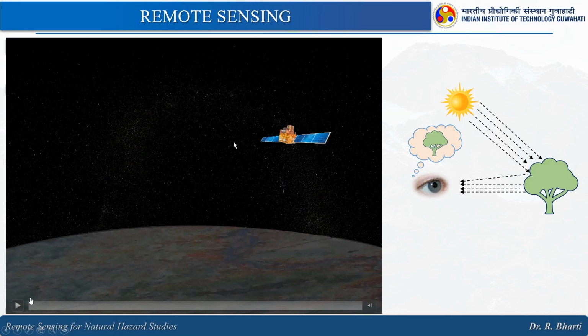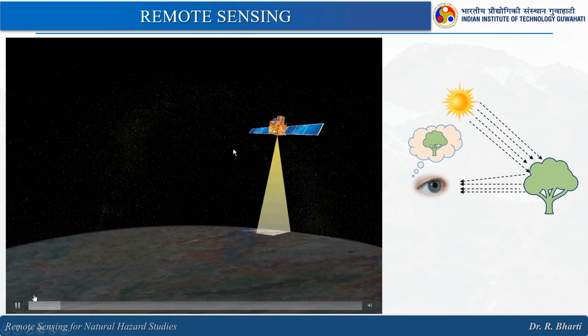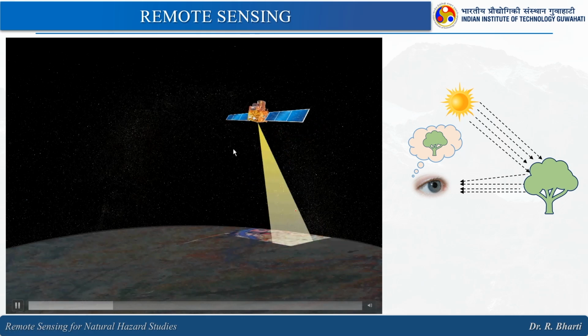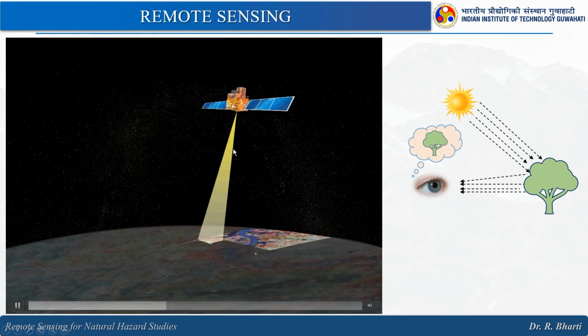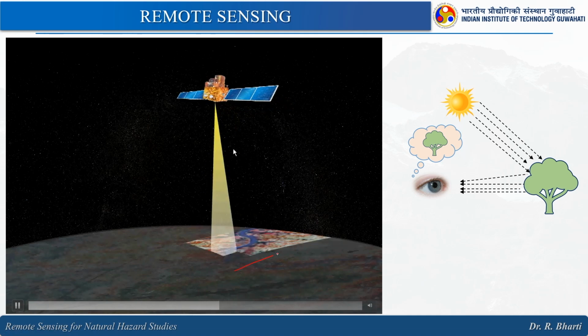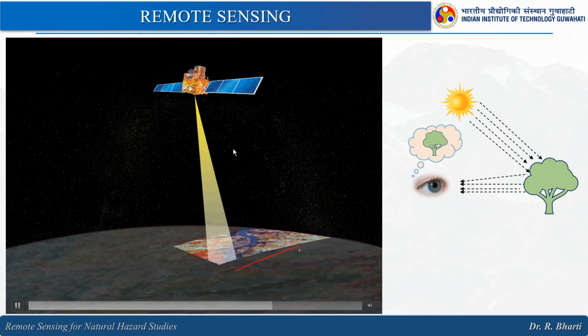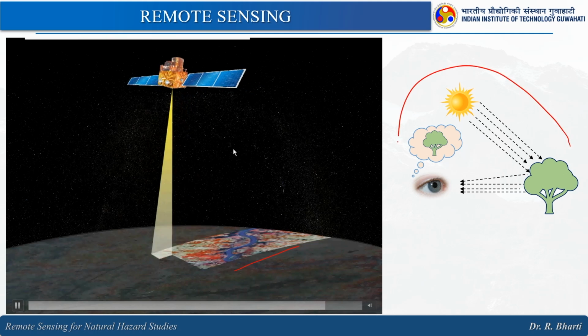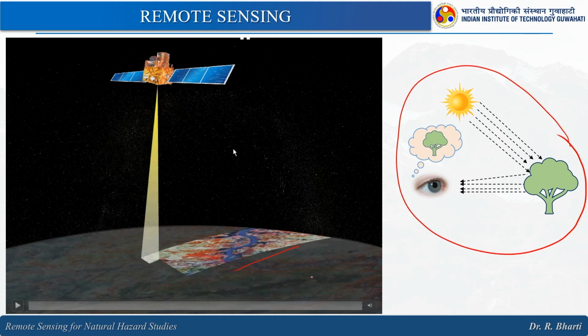This video will help you understand how satellite sensors, sensitive in a particular wavelength, look at the ground, and then these images are generated the way we see the object. The only difference is this is instrument based measurement, right, and here we do not store this. This is just to understand the concept.